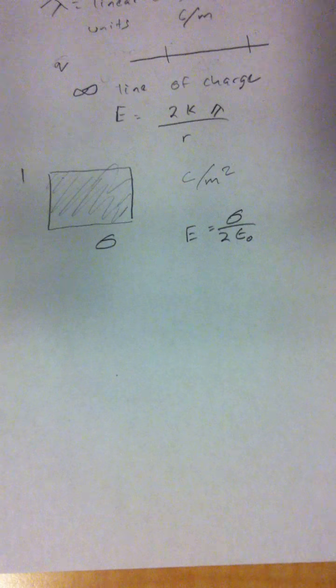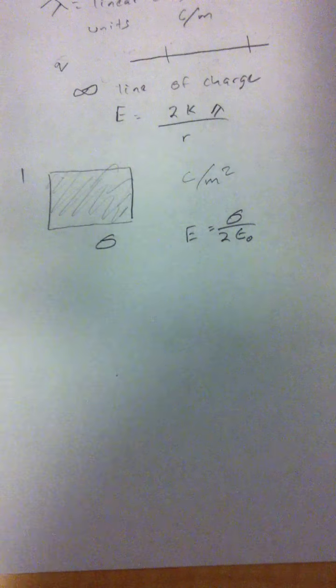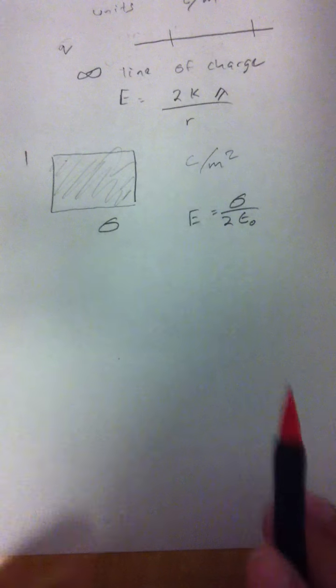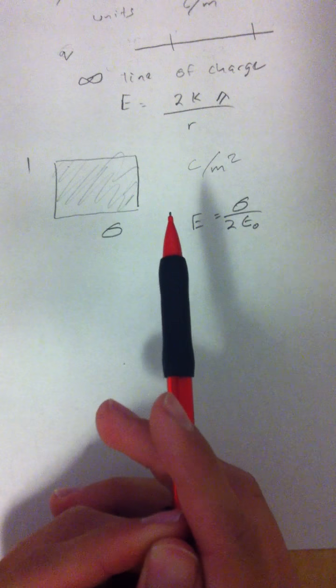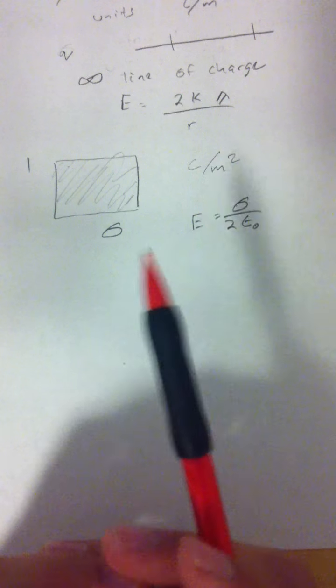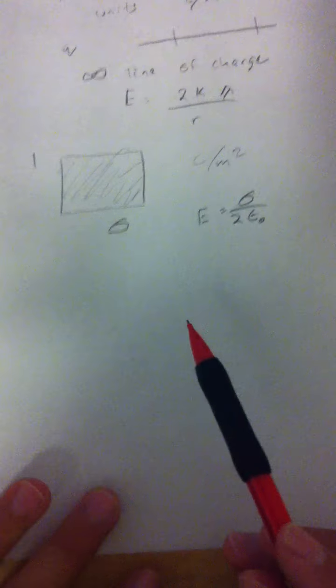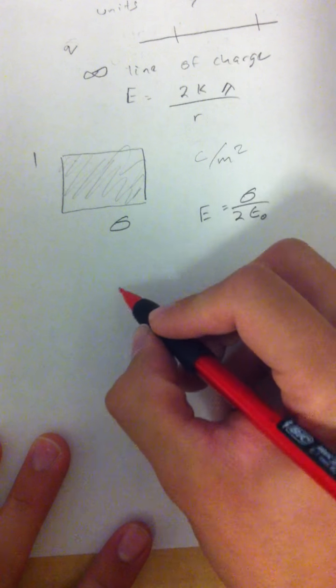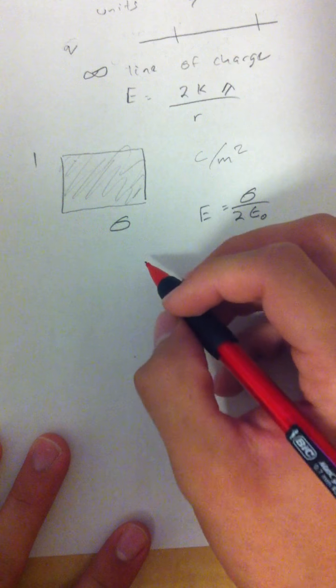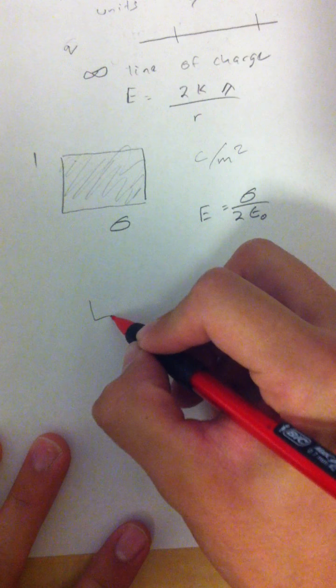Next thing we have to define is a volume charge density. If you apply the same logic that we did for the two-dimensional and the one-dimensional charge and apply it to 3D, all we have to do is think of a 3D object, say a cube.